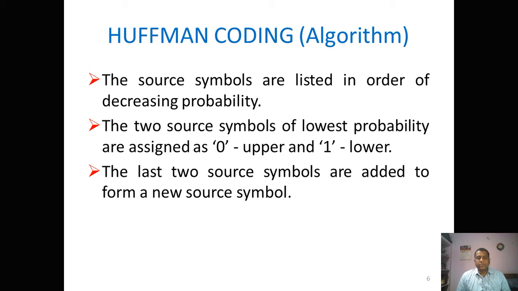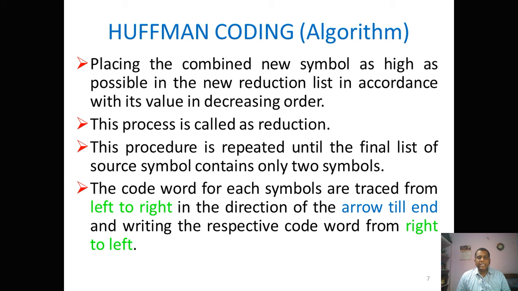The last two source symbols are added to form a new source symbol, placing the combined new source symbol as high as possible in the new reduction list in accordance with its value in decreasing order. This process is called reduction.